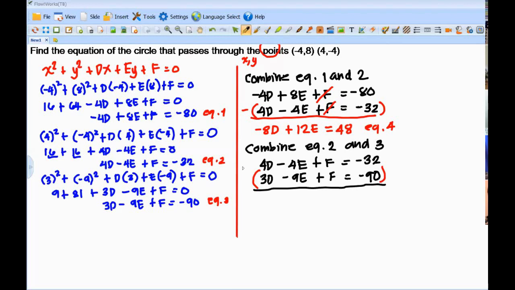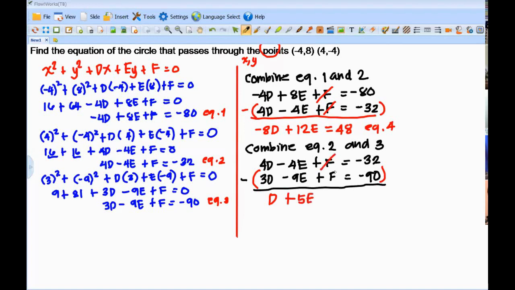So let us subtract now because we are going to eliminate the F. We cannot add these two. So 4D minus 3D will give you D. Negative 4E minus negative 9E will give you positive 5E.